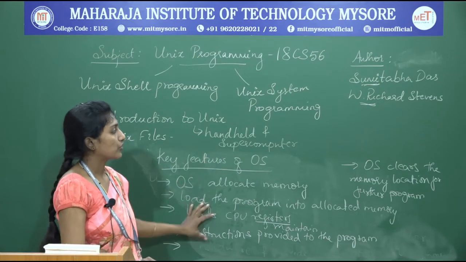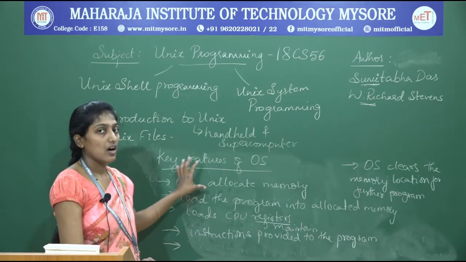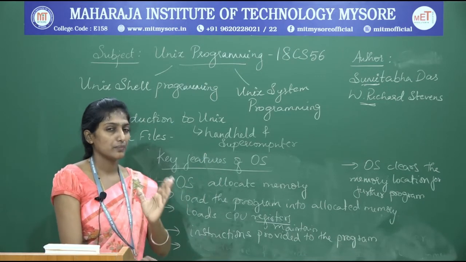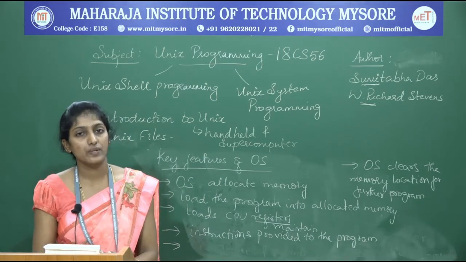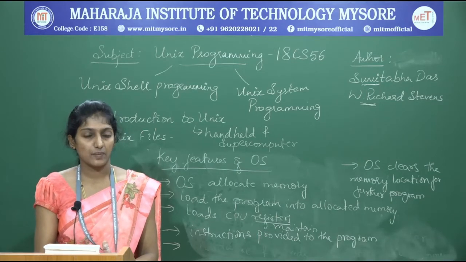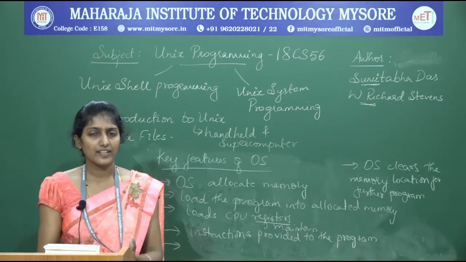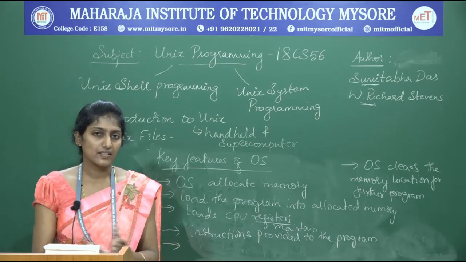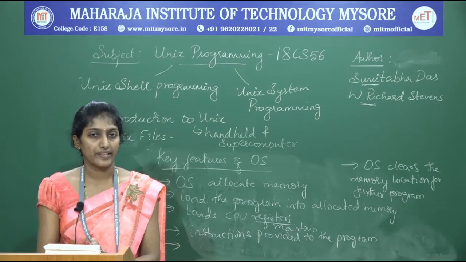So, this is about the operating system. Now let us discuss the basic common differences between a Windows operating system and a Unix operating system. You might wonder what the difference is between Unix and Windows.